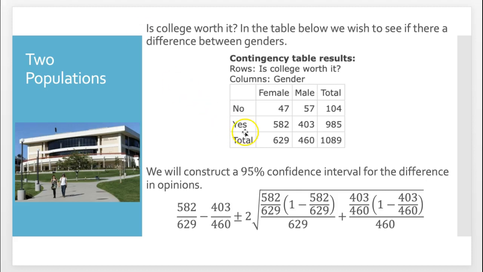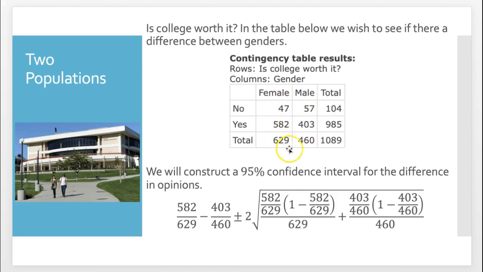Out of females, 582 out of 629 said yes, college was worth it. For males, we have 403 out of 460 saying yes, college was worth it. So it seems overall that, good for us, the majority thought college was worth it, which is great. But what we want to know is whether there is a difference between these 2 groups, right?